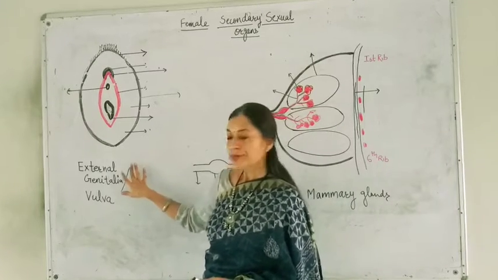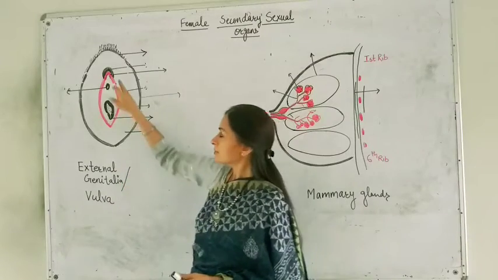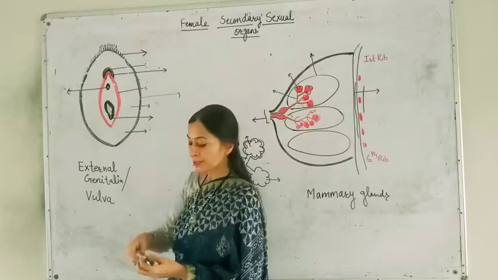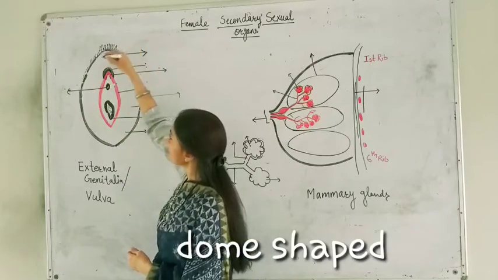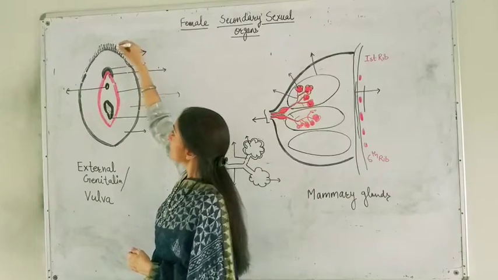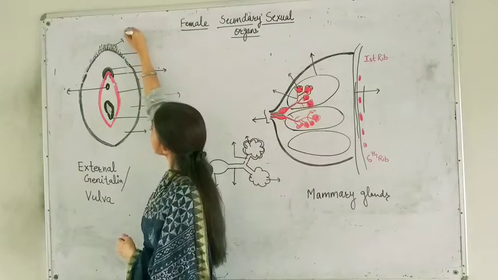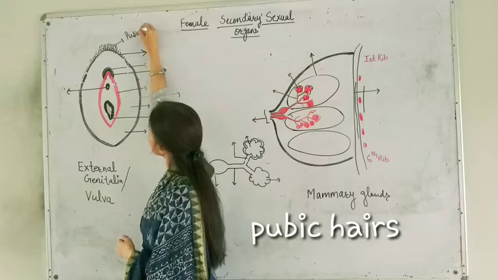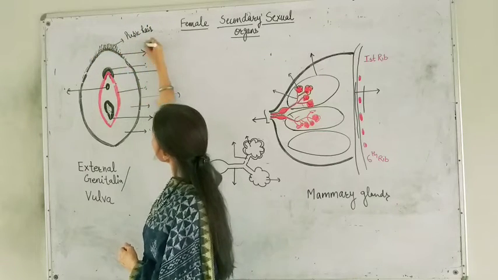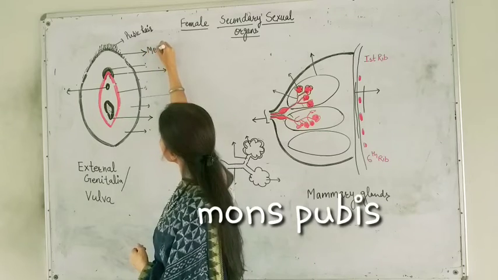This vulva or external genitalia consists of a dome-shaped structure. You can see here, this is a dome-shaped structure which has hair on it, and this hair is known as the pubic hair. This dome-like structure is known as the mons pubis.